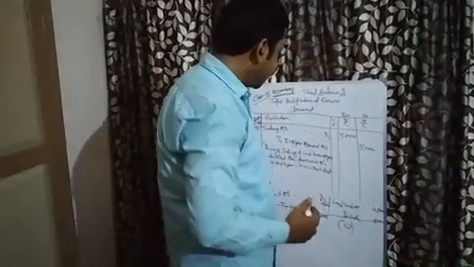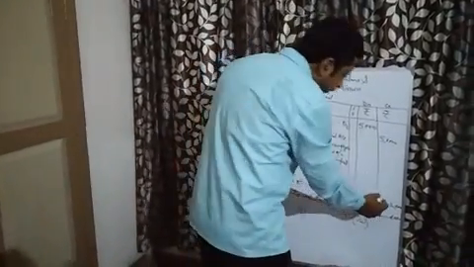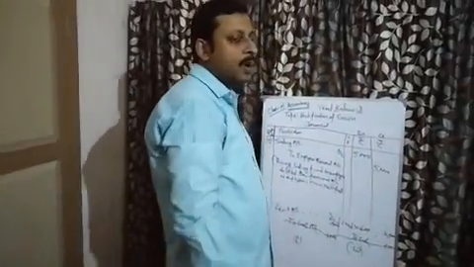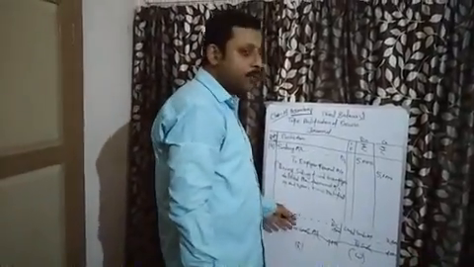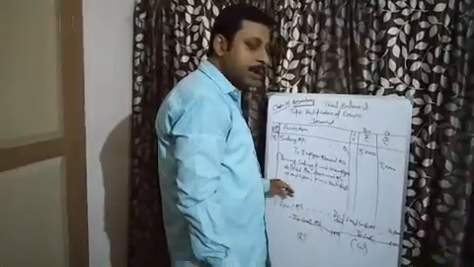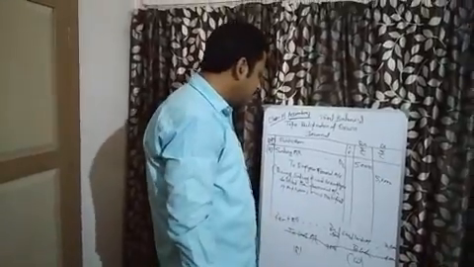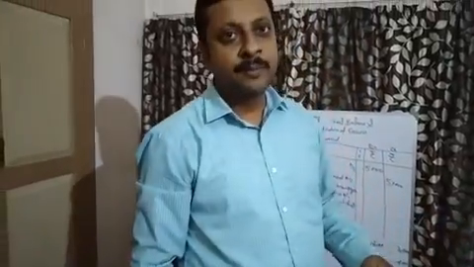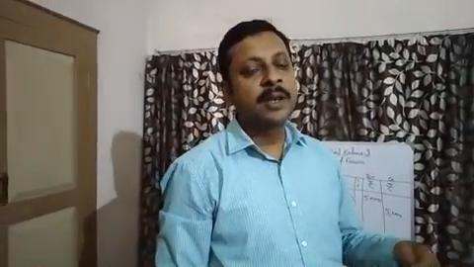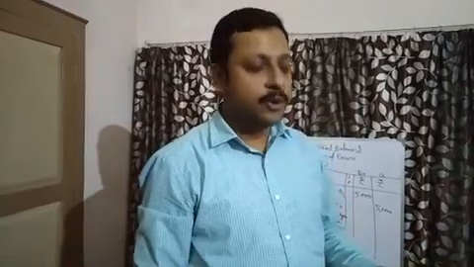But what went wrong is that instead of rent they debited the landlord. So we have to credit this, then it will be matched. The right account that should be debited is the rent account, because they did not post anything in rent. Instead of rent they debited the landlord's account.